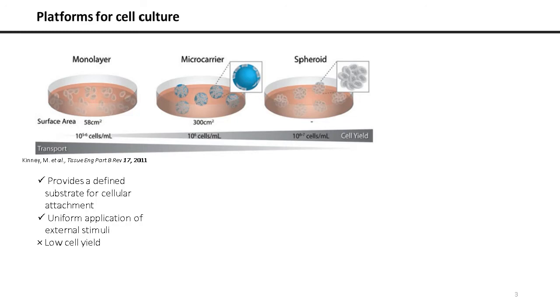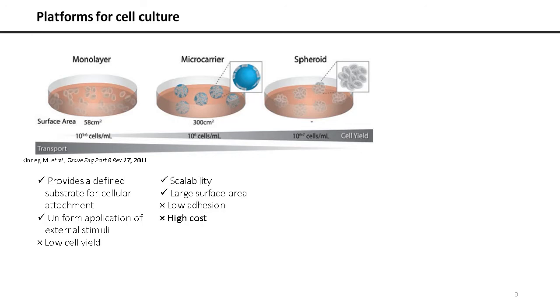The most classical one is the monolayer, where cells are attached to a substrate used for cellular attachment. In this system, we have a uniform application of the stimuli, so all of the cells sense the same stimuli at the same time, but we have a small problem, which is achieving high cell yields, because we have a limited surface area available for cells to grow.